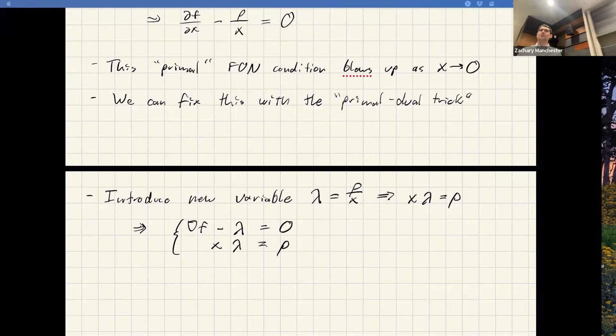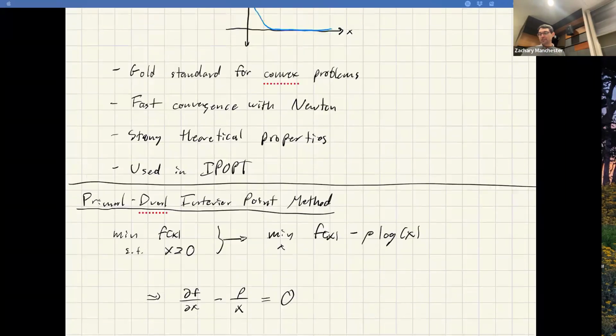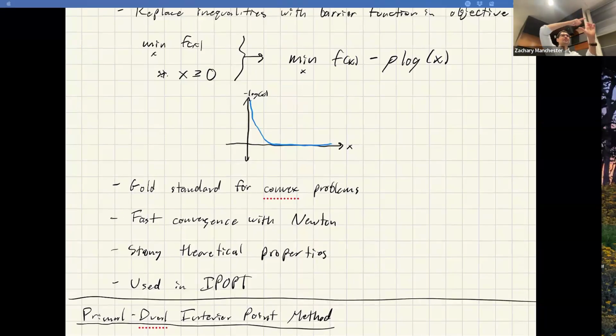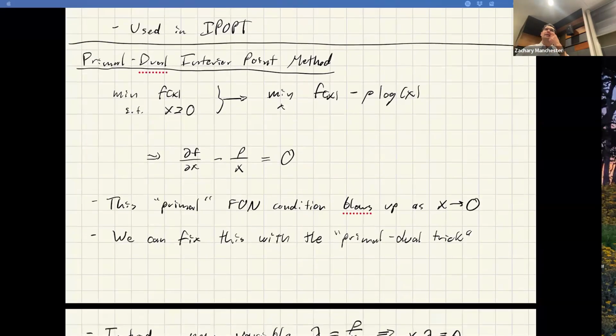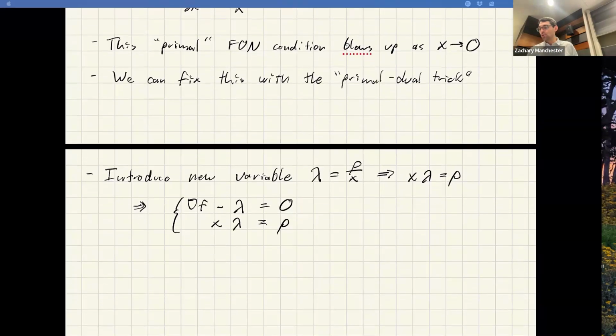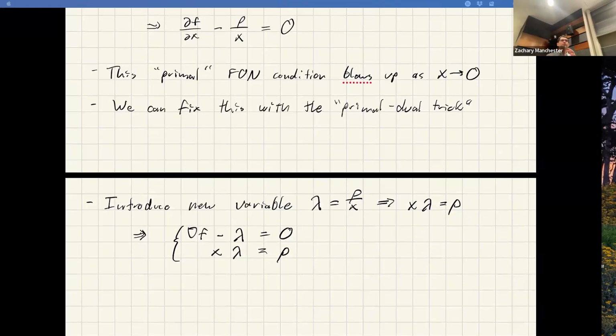The way to think about this is, x times lambda equals 0 is this hard switching thing that's not differentiable, blah, blah, blah. Another way to think about that is it's a brick wall penalty, right? It's 0, and then it blows up to infinity precisely at x equals 0. And what we've done is taken the brick wall and smoothed it out with that rho on the right-hand side in such a way that now it's differentiable. So there are deep connections between the log barrier and the KKT conditions.